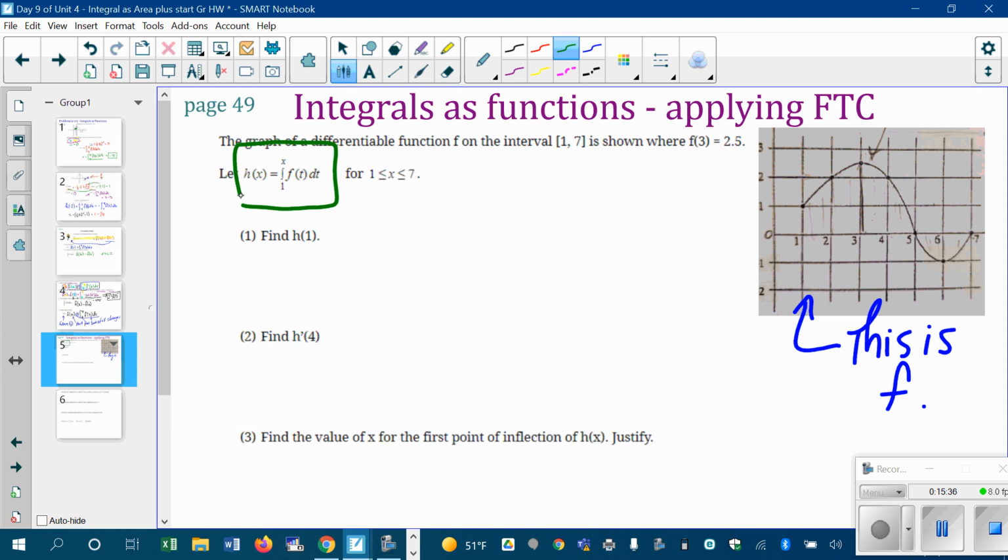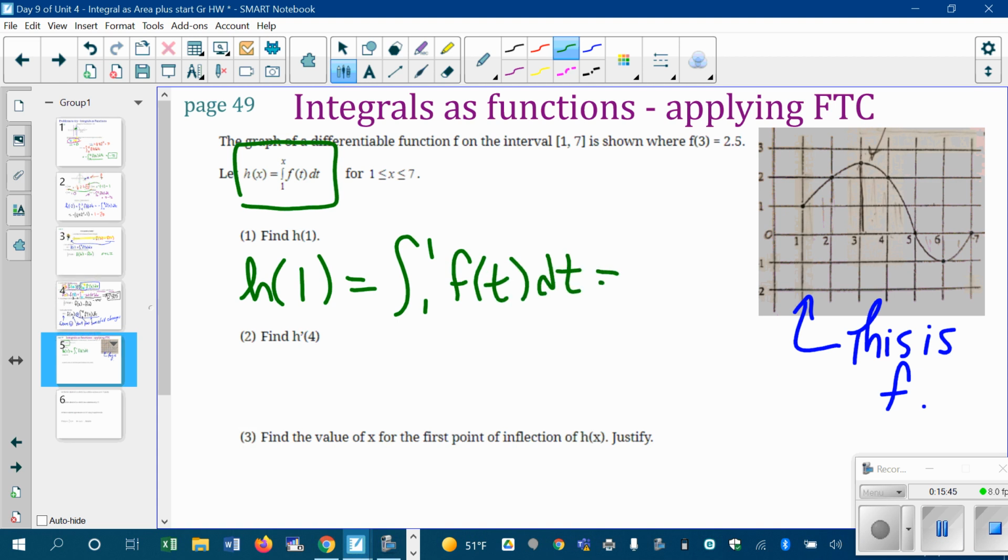Okay, so when I am asked to find h of 1, that just would mean I plug in 1 for that top bound, and since my bounds are identical, there's no space, and something that doesn't have any space can't have any area.